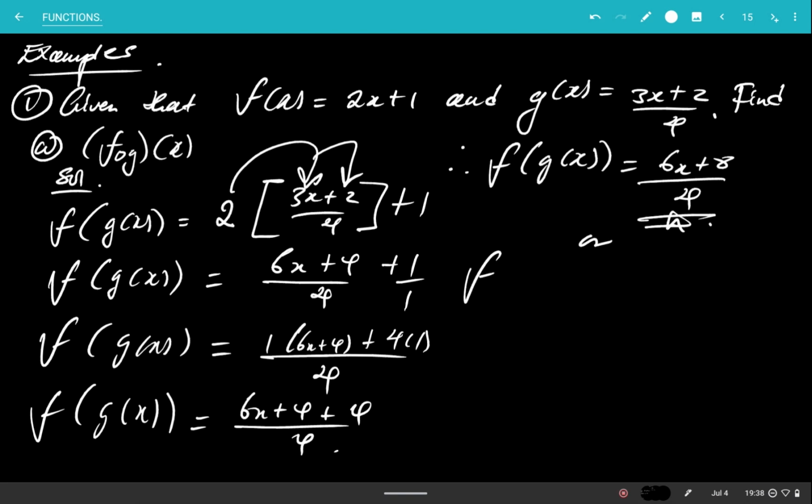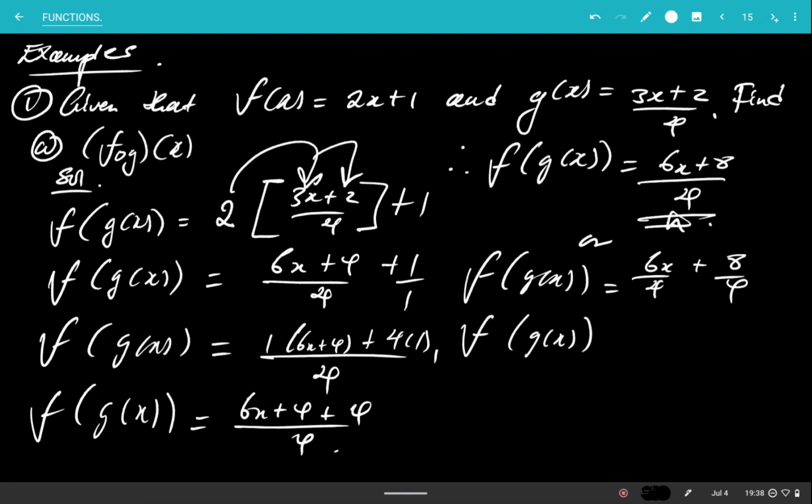If you want, you can say f of g of x. Remember, this 4 is for 6x, so 6x over 4 plus 8 over 4. So f of g of x is equal to, if you reduce this, 3x over 2 plus 8 over 4, that is 2.